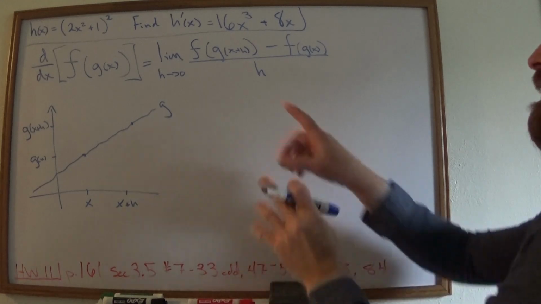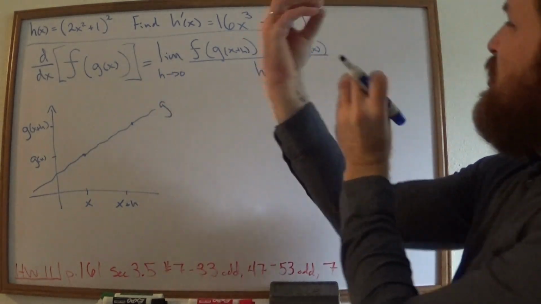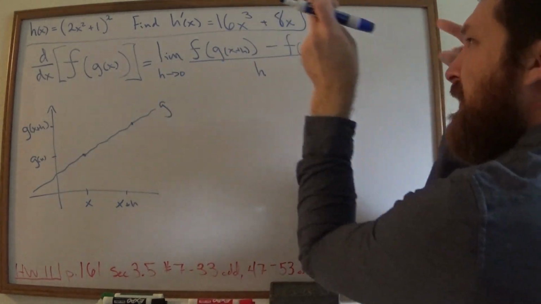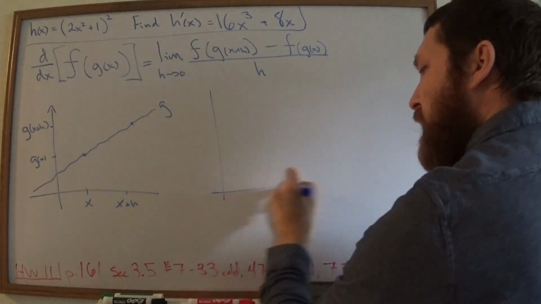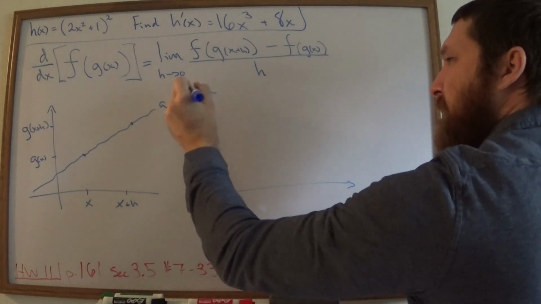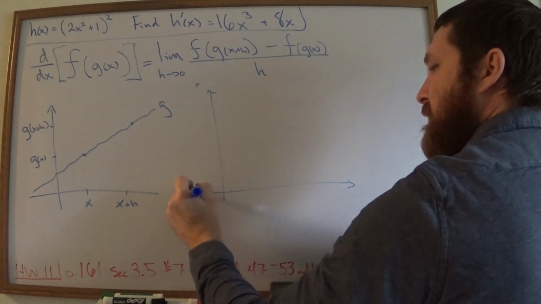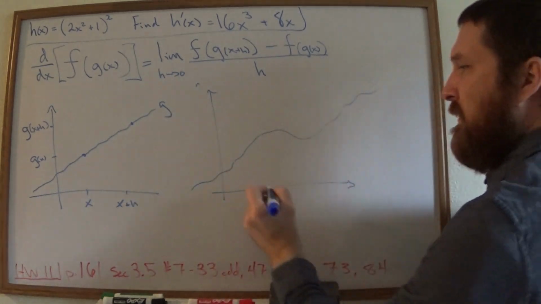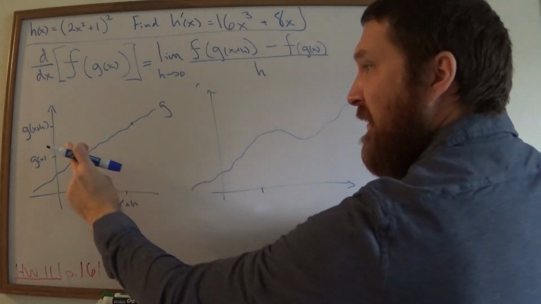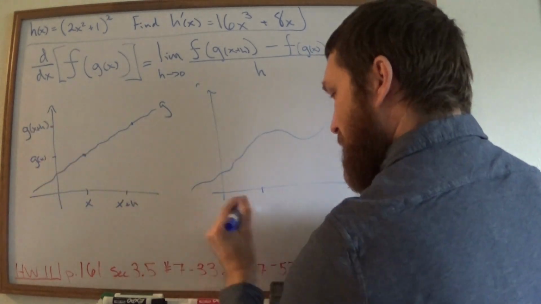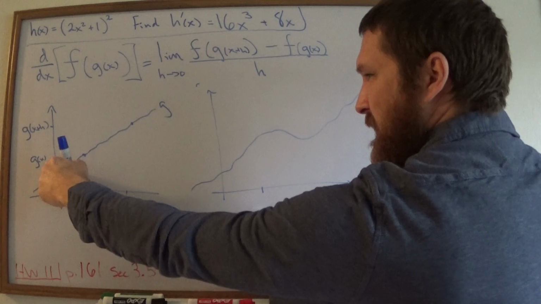Then we're taking those values and plugging them into f. So what we're setting up over here is, okay, here's my f, let's say it looks like this.